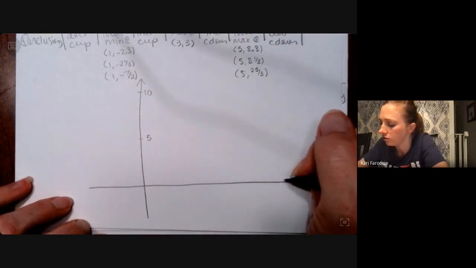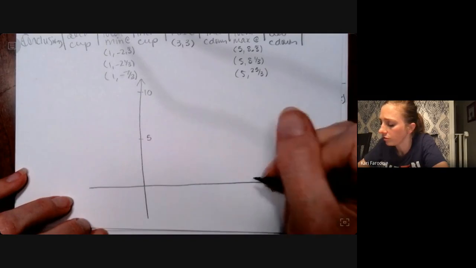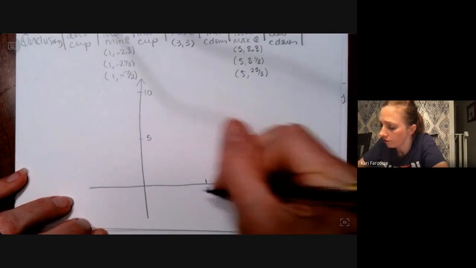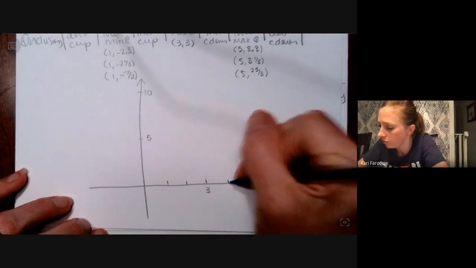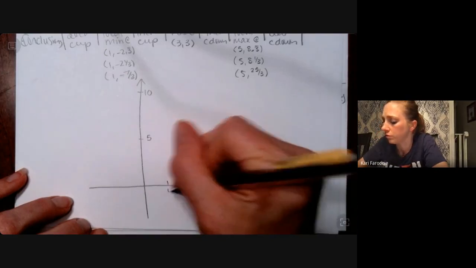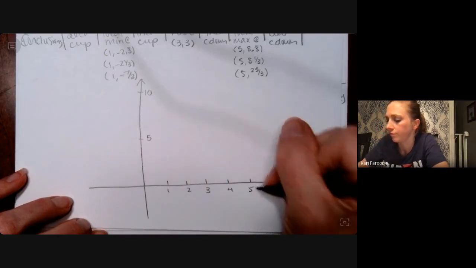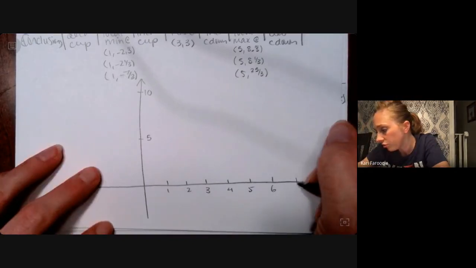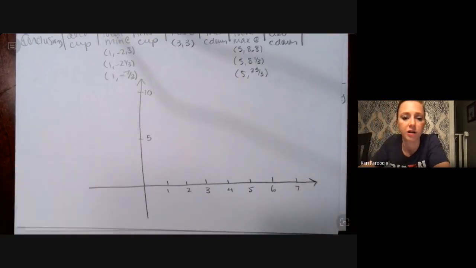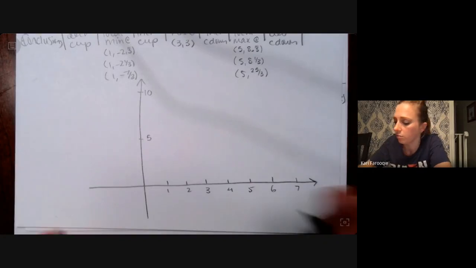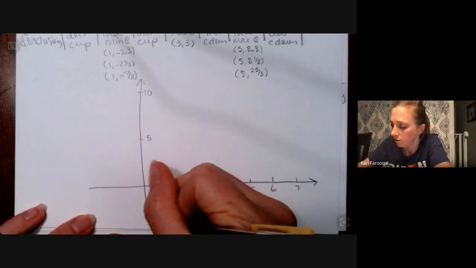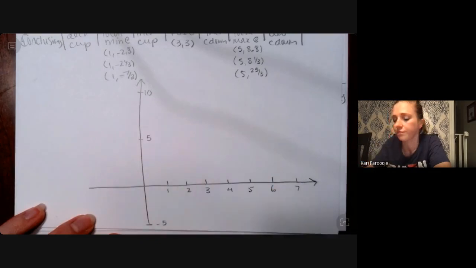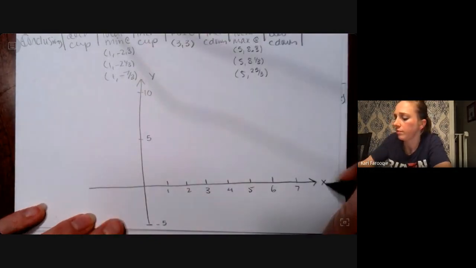And then let's drag this out a little bit further. 6, 3, 1, 2, 4, 5. It's kind of up to you how you want to scale this out. And again, it depends on what points you actually are going to be plotting. And then maybe this would be like negative 5. Close anyway. Y, X.